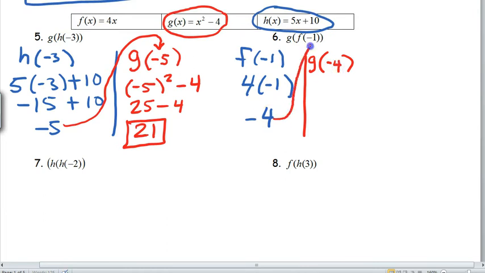I'm going to do g at -4. So that's going to give me, g is x squared minus 4. So -4 squared minus 4. So that's 16 minus 4, so that's 12.